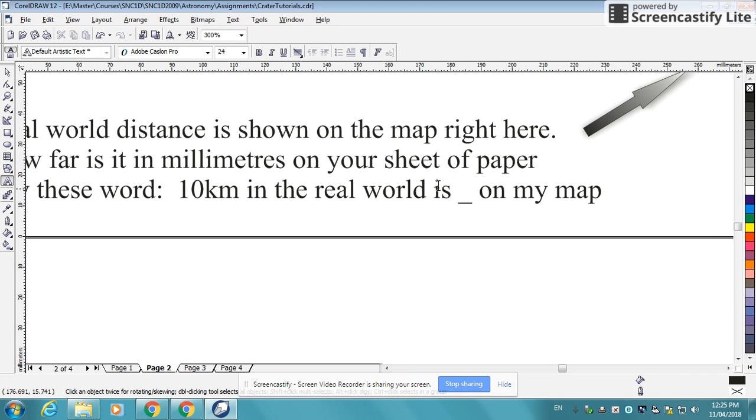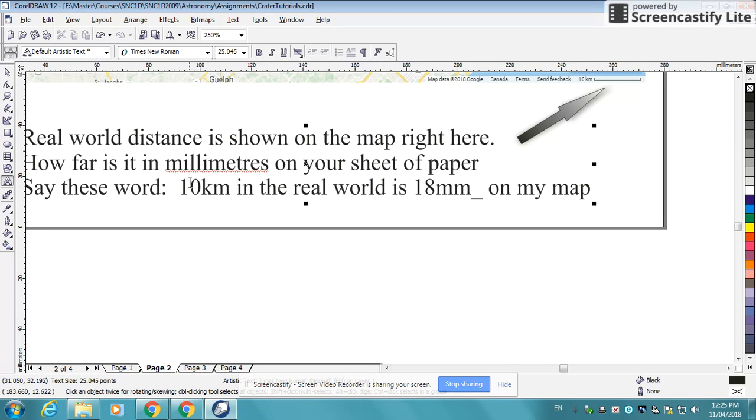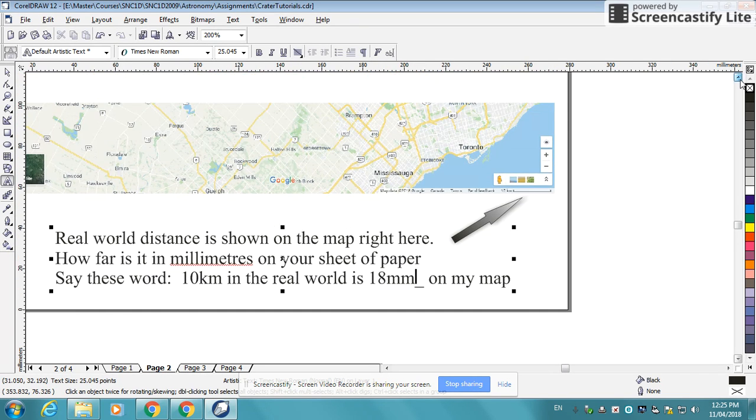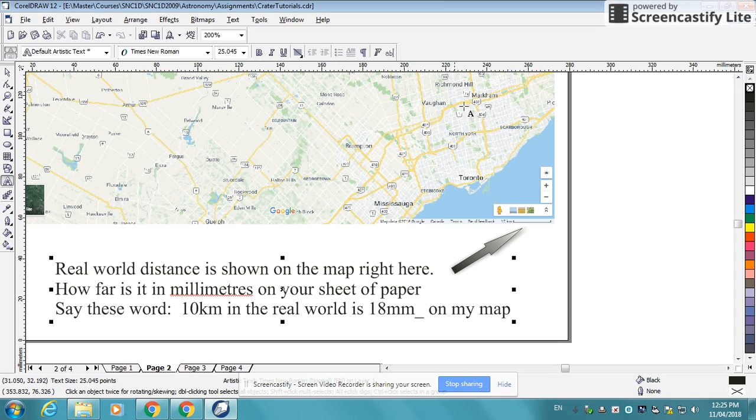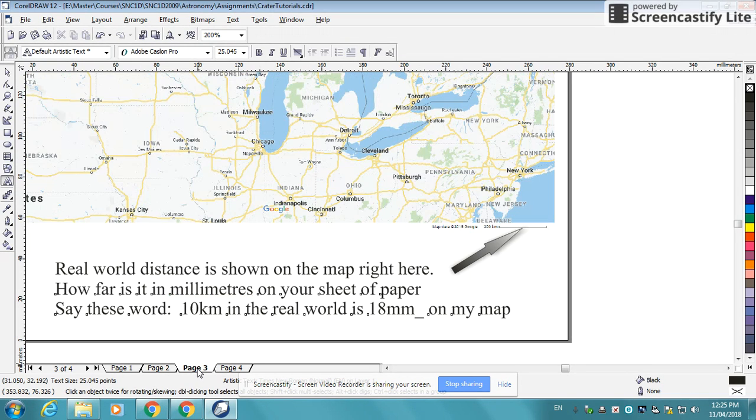So 10 kilometers in the real world on my sheet of paper is 18 millimeters. That's your first scale. So we now know how to convert between millimeters on the sheet of paper and what they represent on the real Earth that this is showing.